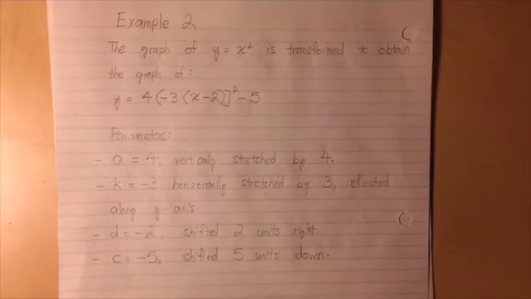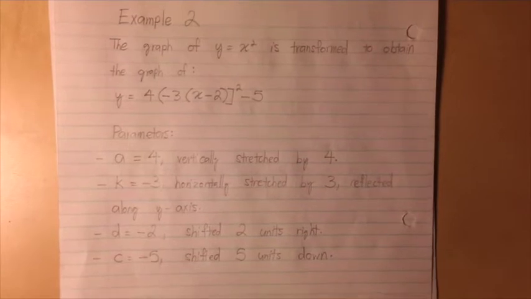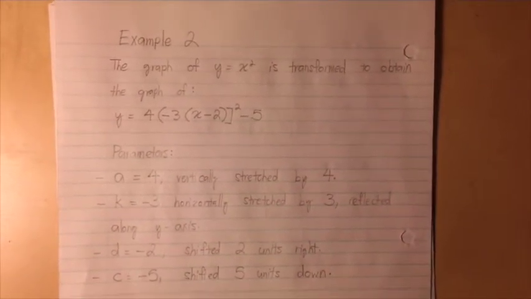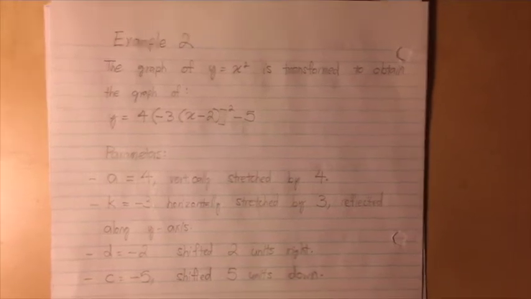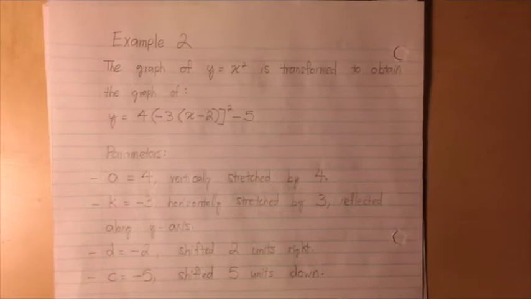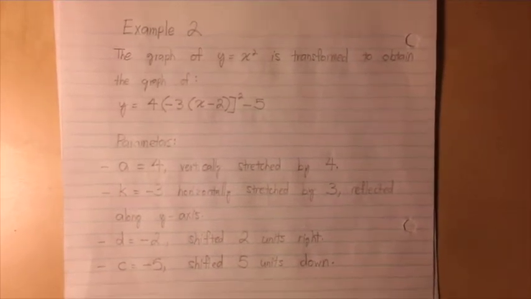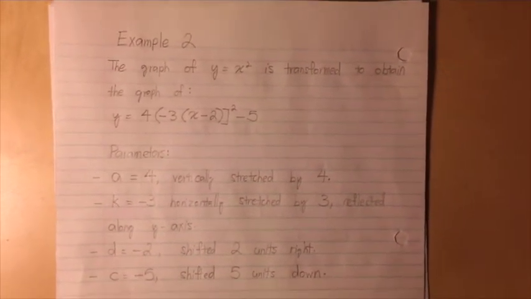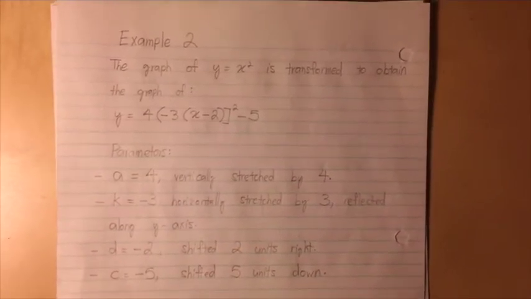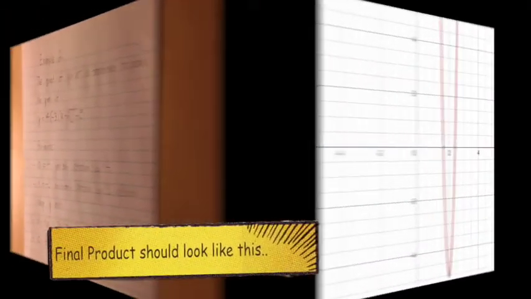Be careful with that minus sign in front of the 3. Now, d is equal to minus 2, which means that it has been shifted 2 units to the right. C is equal to minus 5, which means that it has been shifted 5 units down.